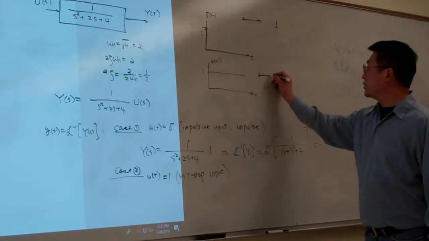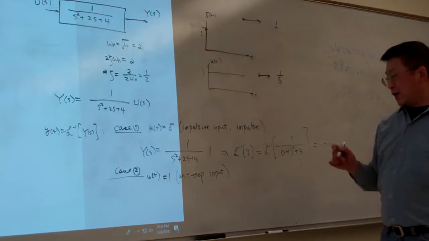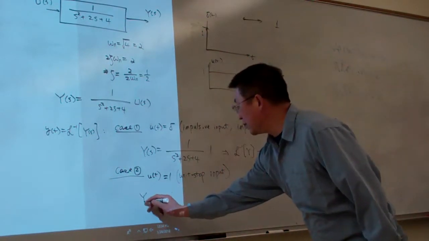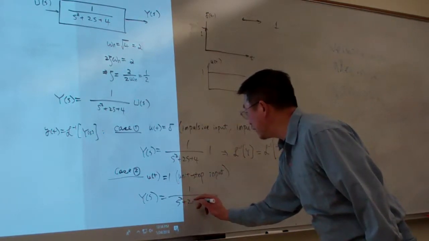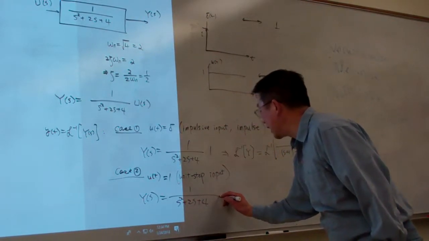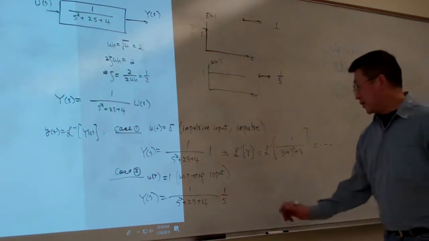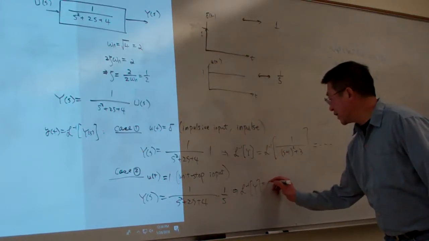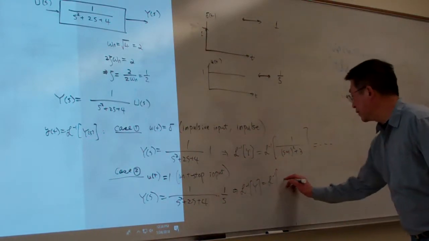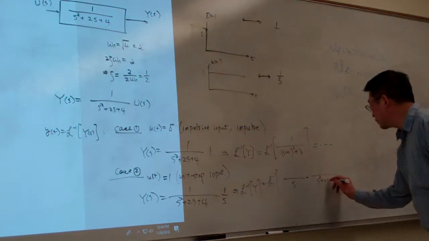For this one, the Laplace transform is 1 over s. Therefore Y(s) will be equal to (s squared plus 2s plus 4) times U, and that is 1 over s. So the Laplace transform of y for this case will be a over s plus (bs plus c) over (s squared plus 2s plus 4).